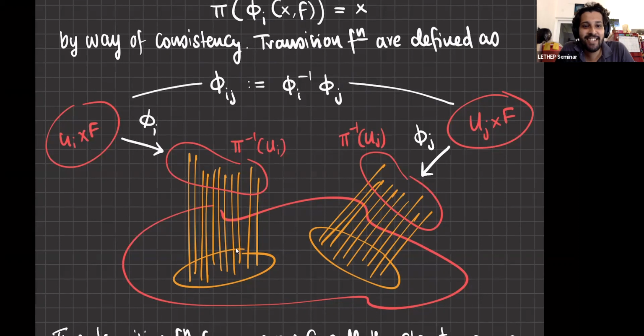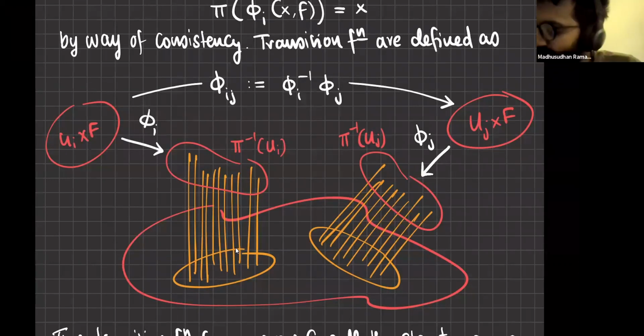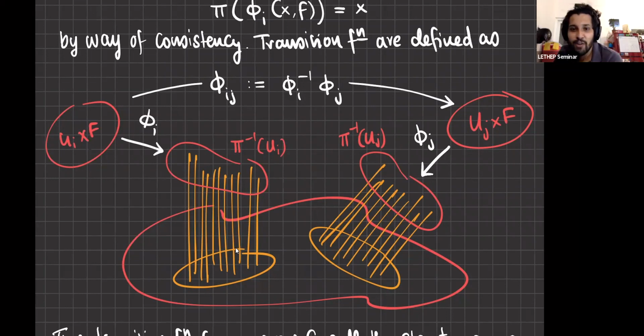You want to act with phi i inverse first and then phi j after that. I don't really know in which order you want the functions to work. I think the convention is different for physicists and mathematicians, whether the left or the right is first; that's a convention you can just choose.